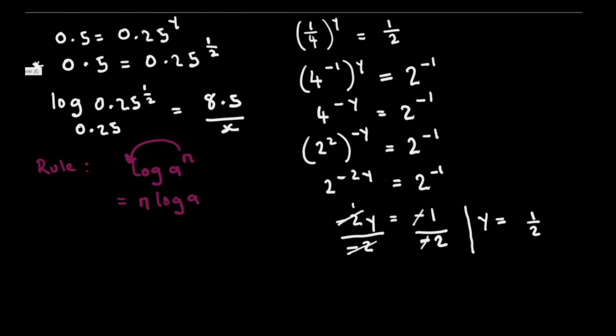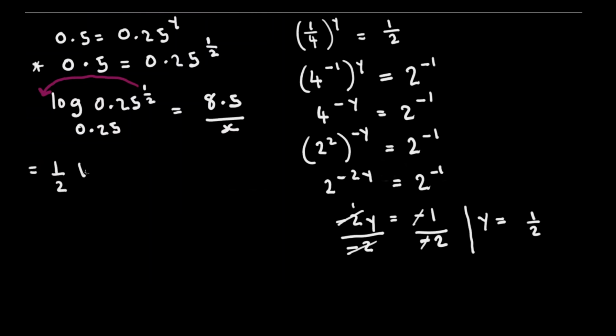So applying the same principle, this half is going to transfer to this side. So we have half of log 0.25 base 0.25 is equal to 8.5 over x.